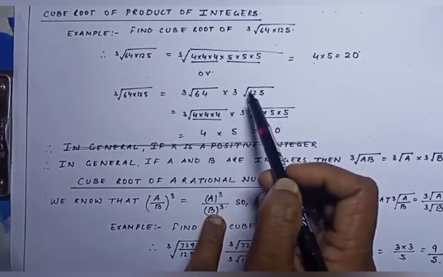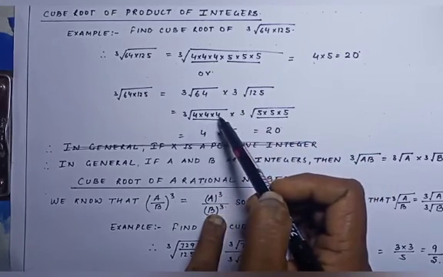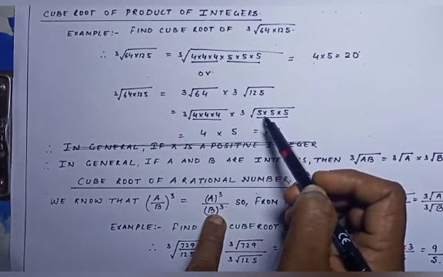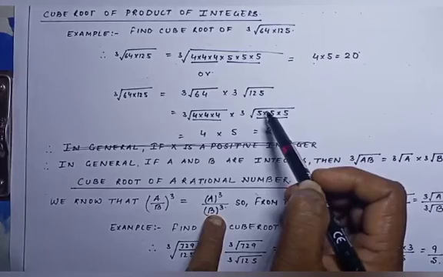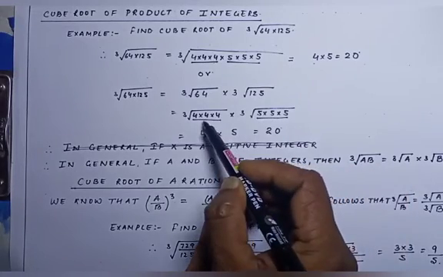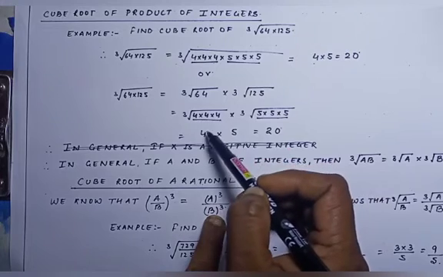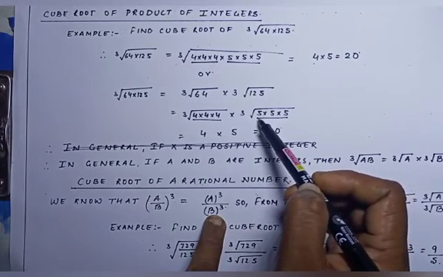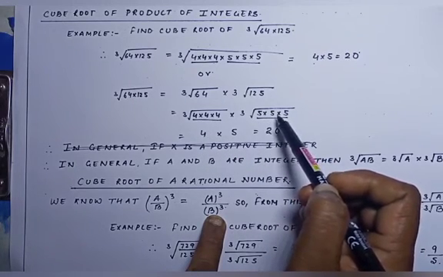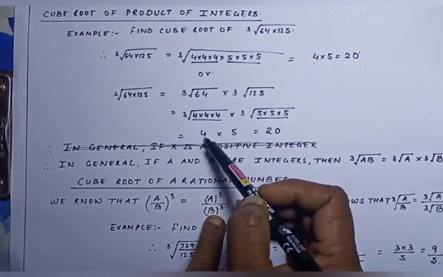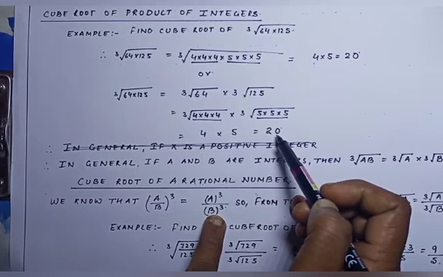After separating the terms, we are going to find the prime factors of 64 separately and 125 separately. After finding the prime factors, we are going to find the product of one from each triple of each term. Over here the product is 4, and over here the product is 5. Then we are going to find the product, meaning 4 into 5 is equal to 20.